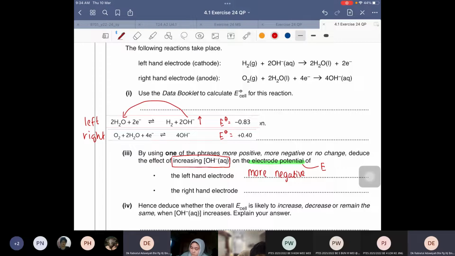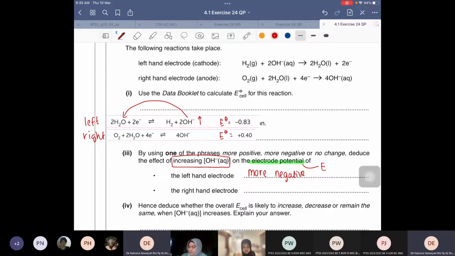Okay, next is the right hand electrode. What happens when the concentration of hydroxide ions increases?